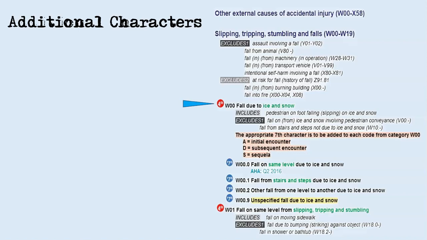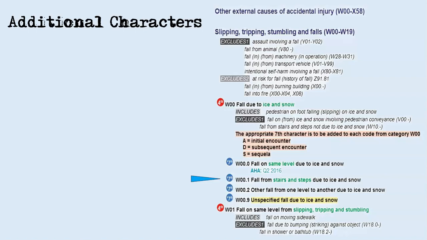The codebook will alert you to the need for an additional character using easily identifiable symbols. The next step is to look for the code we located in the alphabetic index by referencing the tabular.